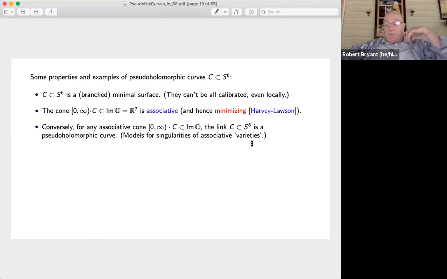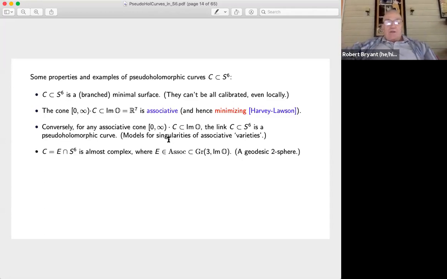But the question that I was asked by De Lellis was, is it possible for that curve to just stop somewhere? That is, is it possible for an associative cone to have a half line of singularities rather than an entire line? First, let's look at a couple of examples.